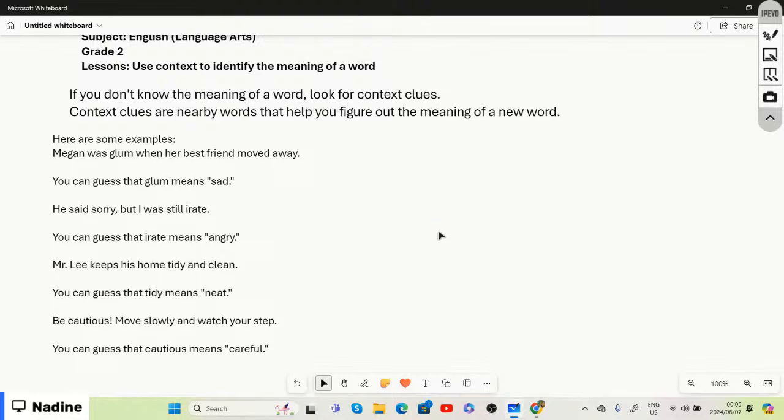All right, so if you don't know the meaning of a word, look for context clues.